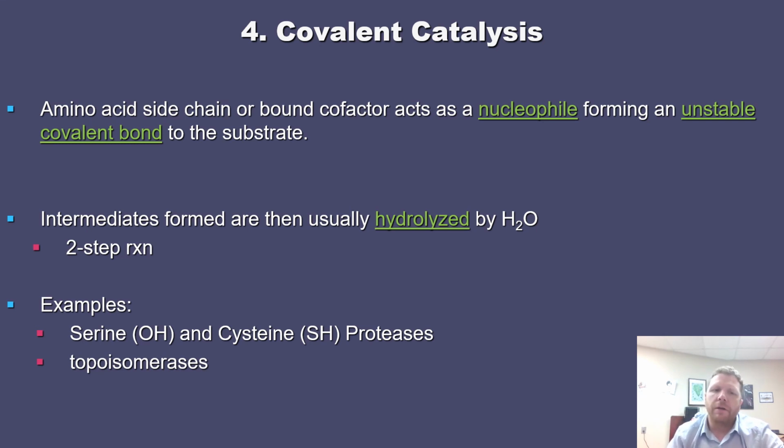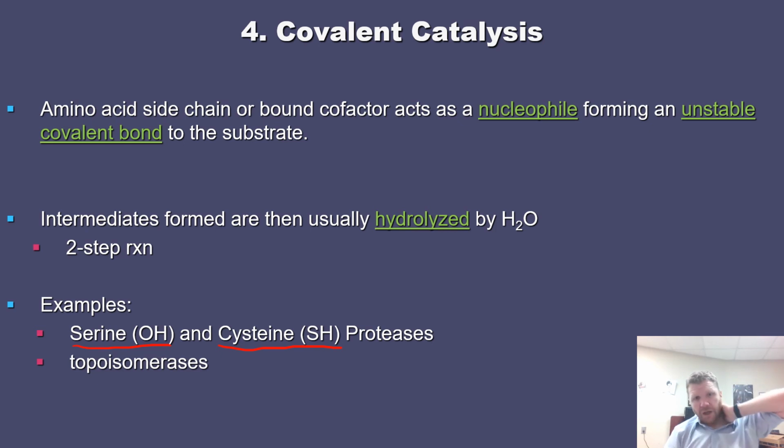Your common amino acids that are used in covalent catalysis would be serine and cysteine residues. An example would be a serine or a cysteine protease. This is a class of enzymes that break up proteins. They break peptide bonds.